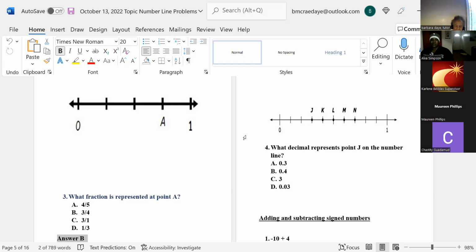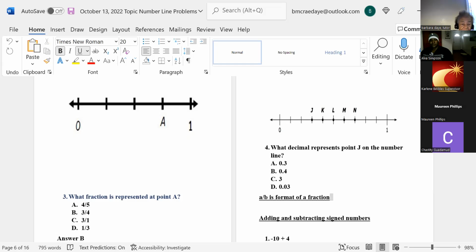Well, a fraction can be written as a numerator over a denominator, like A over B. A over B is the format of a fraction, where A is the numerator and B is the denominator.